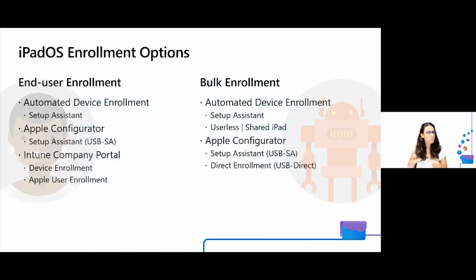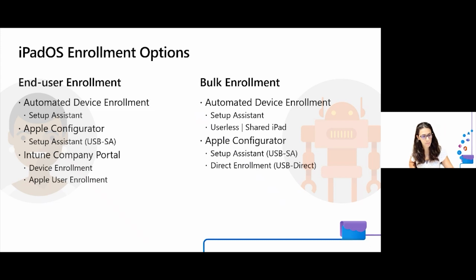Okay, I still want to show you very briefly an iPadOS enrollment scenario. But here you have more or less the same options. On an end user enrollment side, you can enroll devices with the user account, and that device will be tied to that user. But you can use it through automated device enrollment, which is a program from Apple that Intune connects to so that it is enabled for device management in Intune as well.